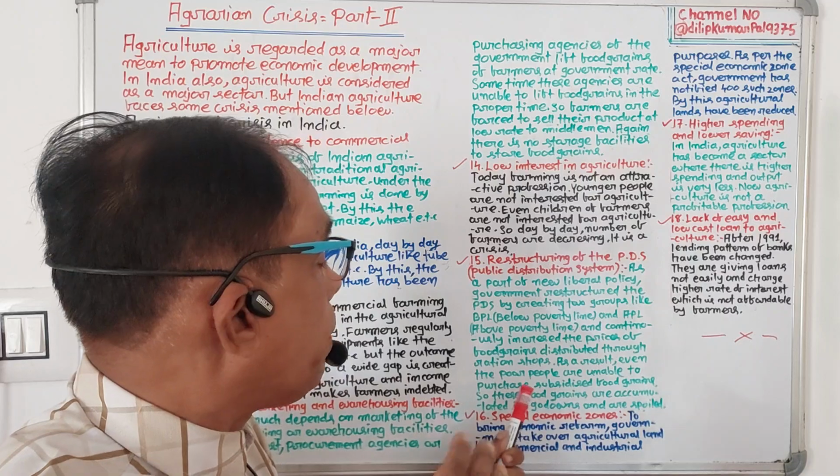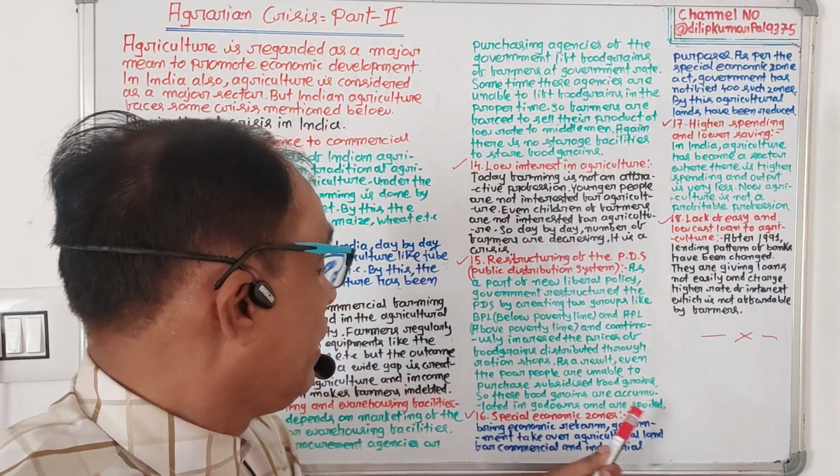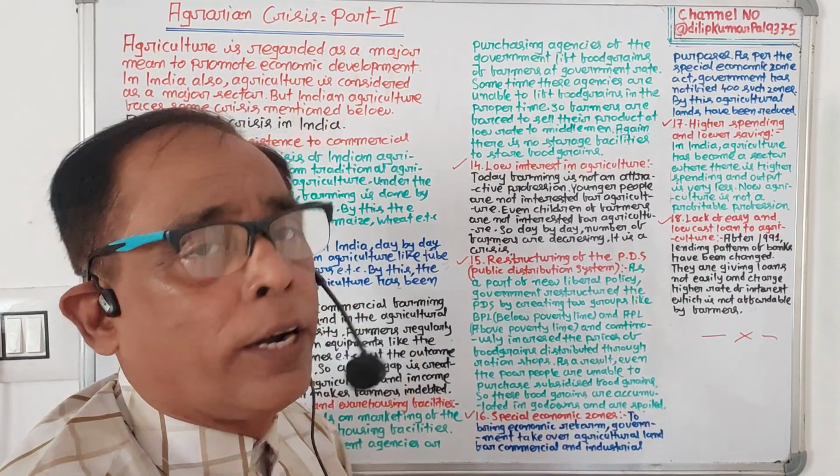As a result, even the poor people are unable to purchase subsidized food grains. So these food grains are accumulated in godowns and are spoiled.